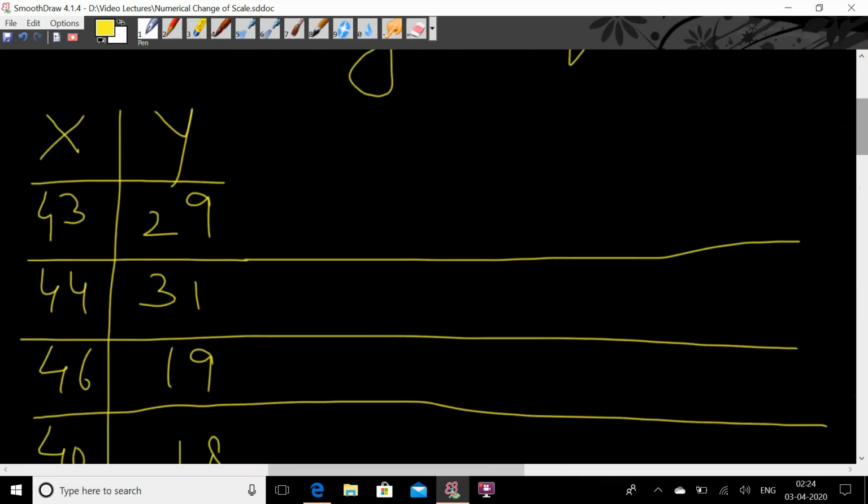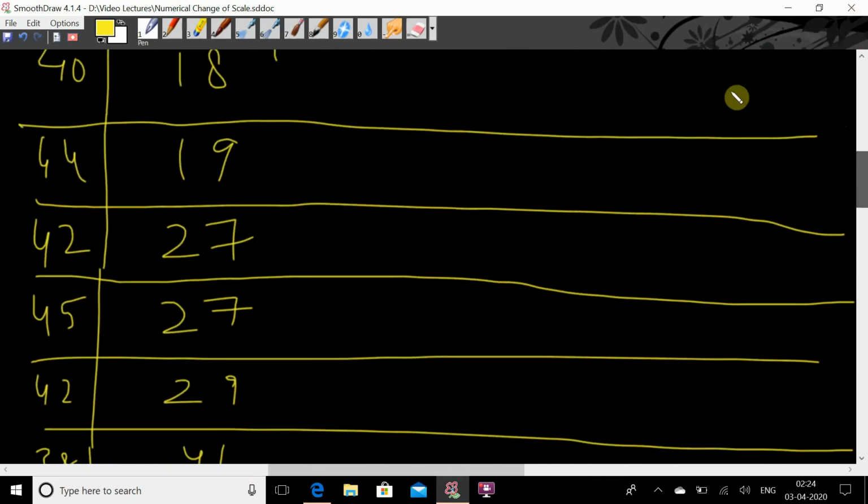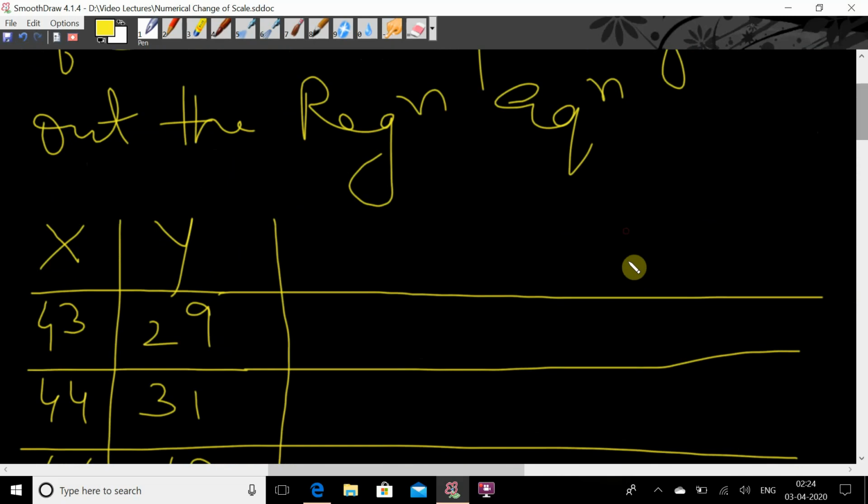How do we actually obtain the new series? u is equal to x minus 44. Is this clear? Similarly, v is equal to y minus 26.